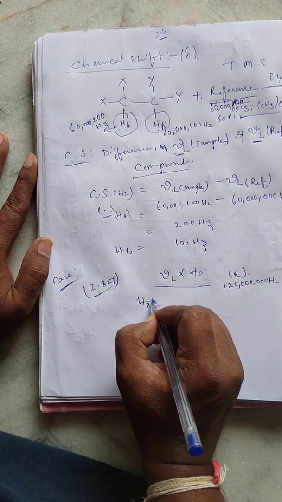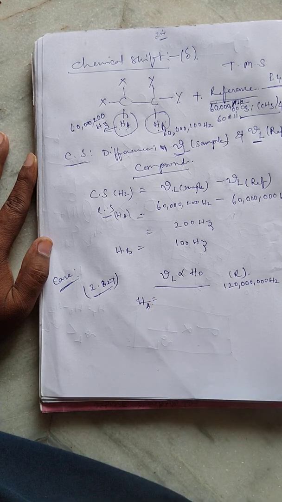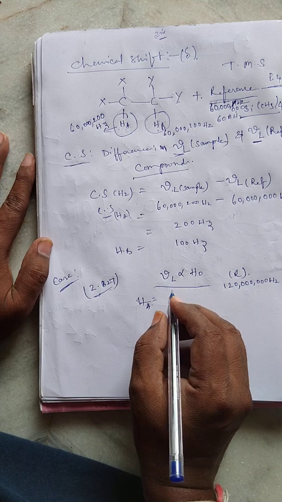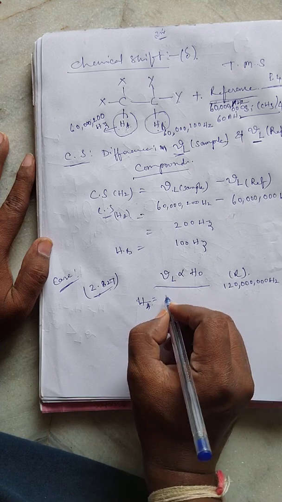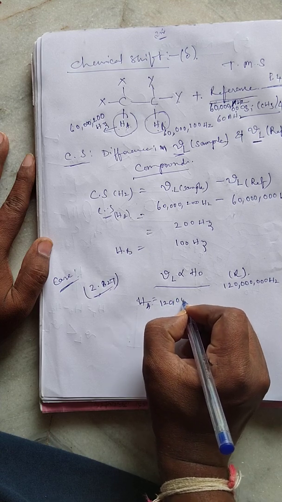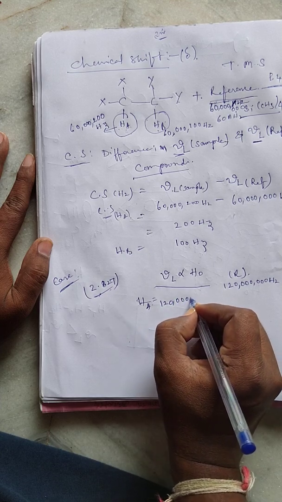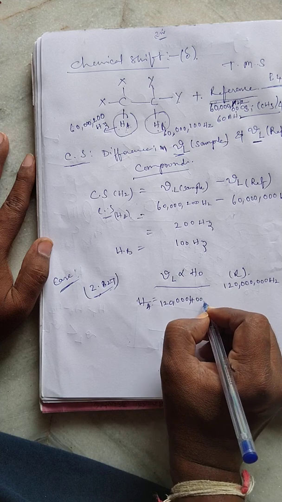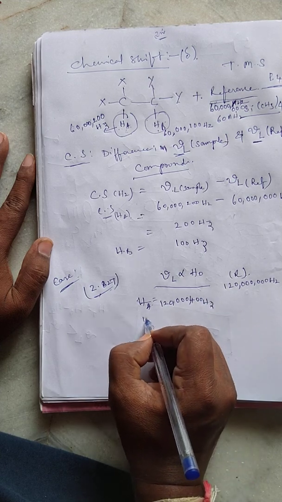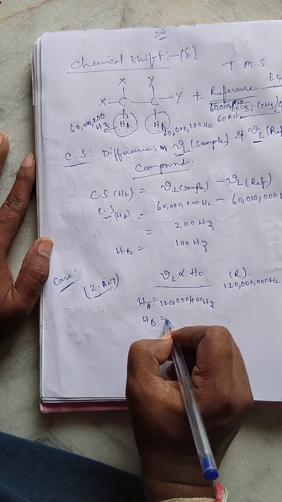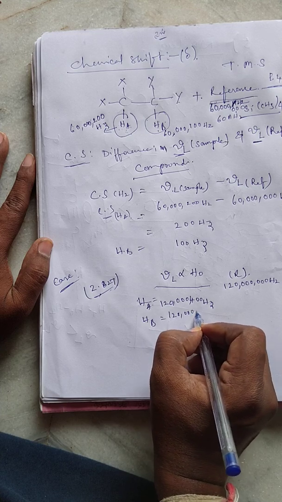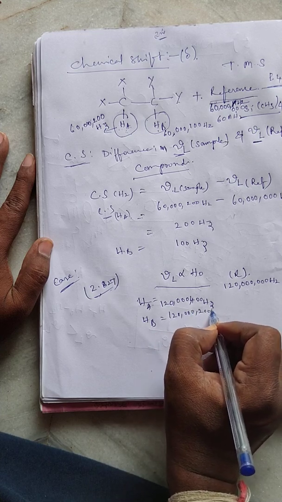And HA, if you double the precessional frequency of HA, it will become 12 crore 400 hertz, and HB will become 12 crore 200 hertz.